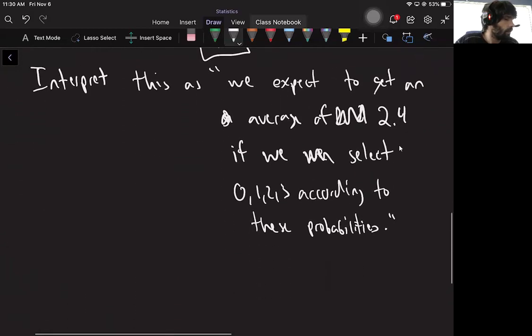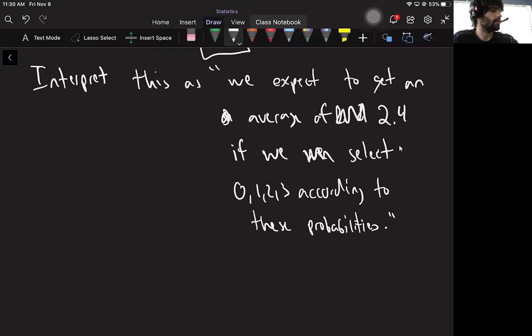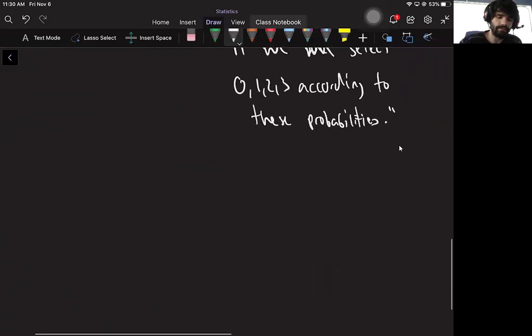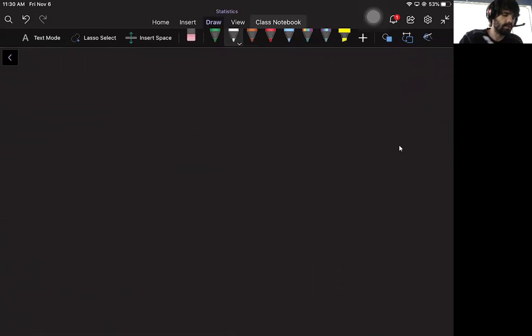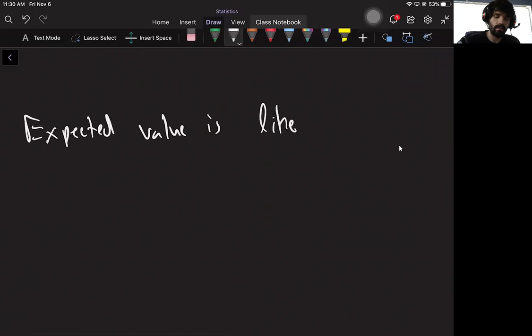Okay, so that's the intuitive understanding of expected value, and that's how it's related to the mean or an average. That's interesting because it leads to something else. Expected value is just like the mean, but for probability distributions.